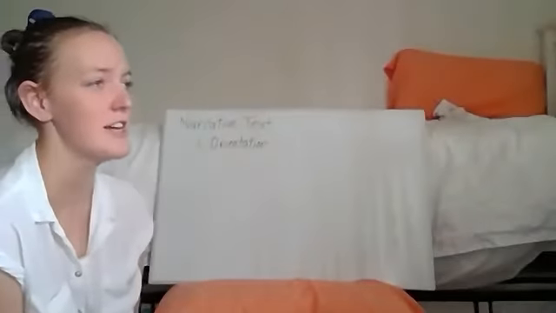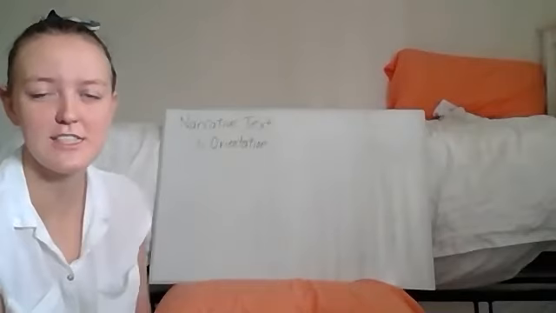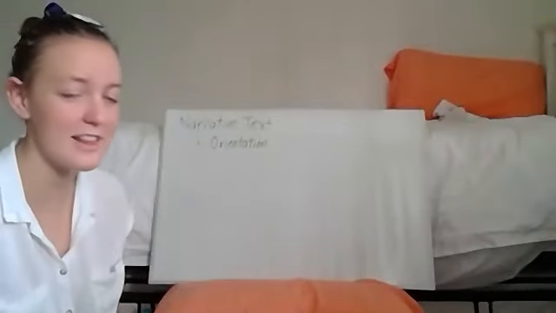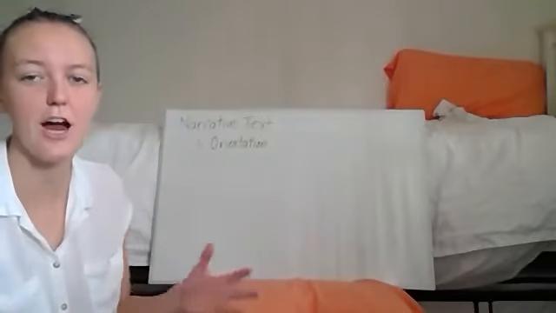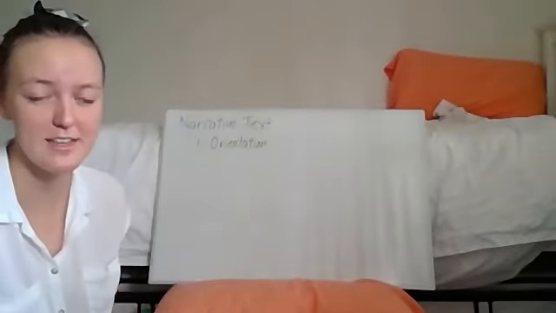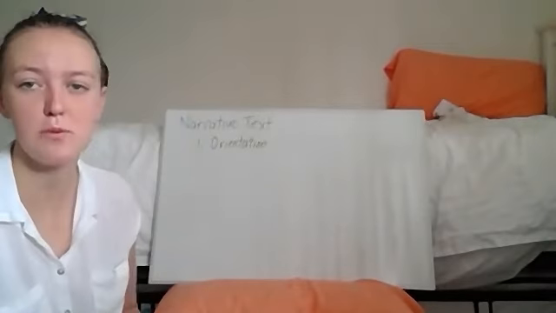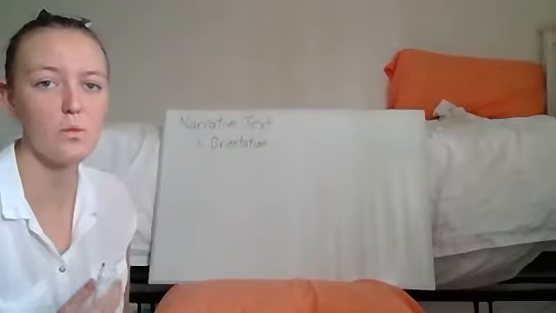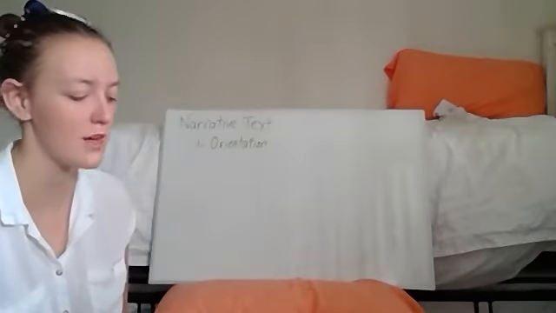Very close, actually. An orientation is actually setting the theme and setting the characters and setting the setting of it, so the environment where the story is based in, for the story to come. So the readers, like you guys and us, know what to expect when the story comes.